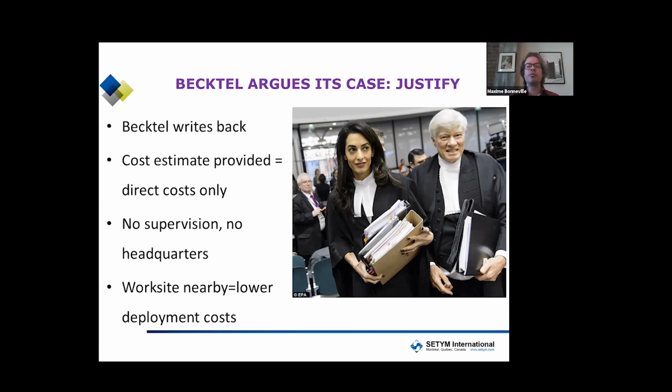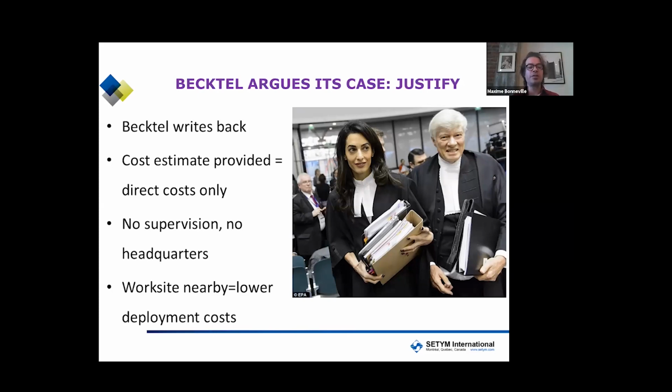Supervision, to give you an idea, would be the engineering team on site overseeing the overall work site for the construction company. Headquarters is everything having to do with the company itself and its profit, its risk margin, and so forth. These are all costs that any construction company normally includes when preparing a bid.